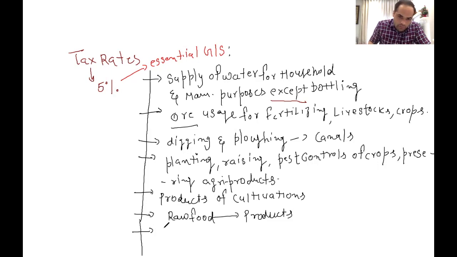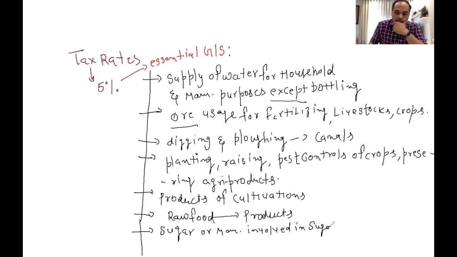Next one is sugar, and manufacturing involved in sugar products, sugar-related products. The sugar content in those products is very high, I think around more than 70 to 80%.